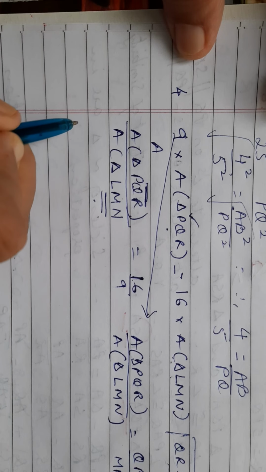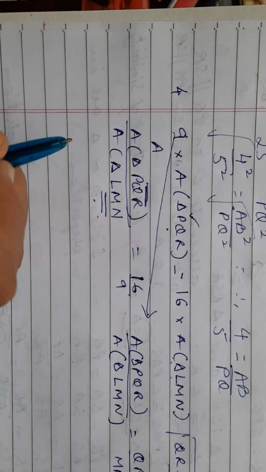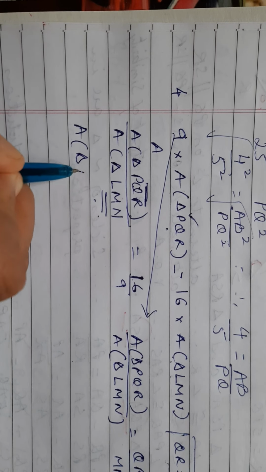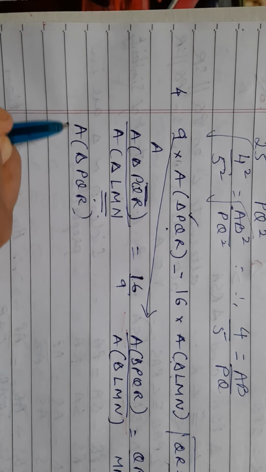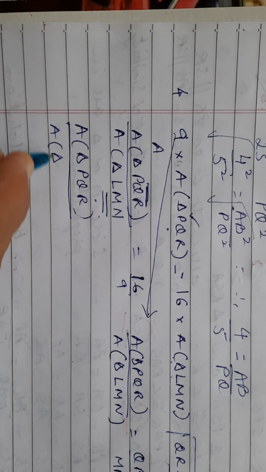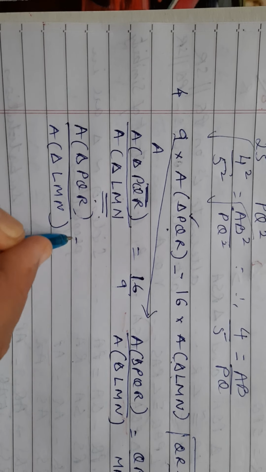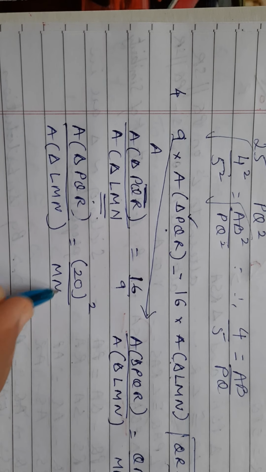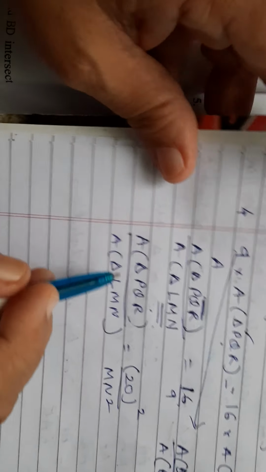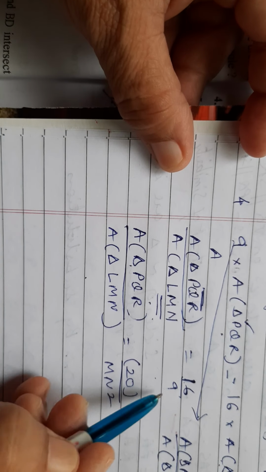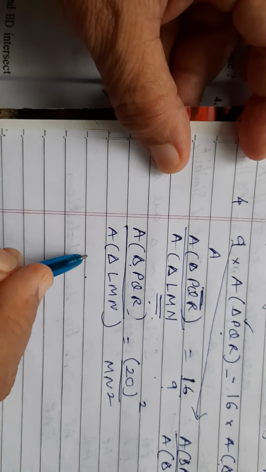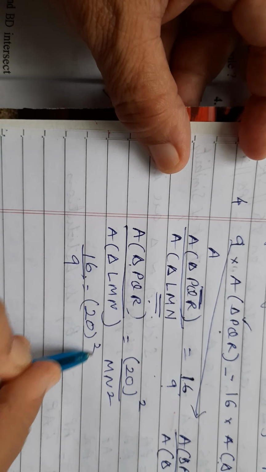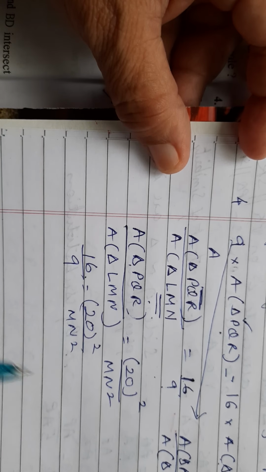So now QR is given as 20. Area of triangle PQR upon area of triangle LMN is equal to 20 square upon MN square. And what is on the left hand side? The value of the area ratio is 16 upon 9. So 16 upon 9 is equal to 20 square upon MN square.